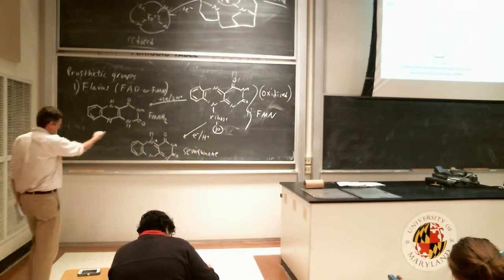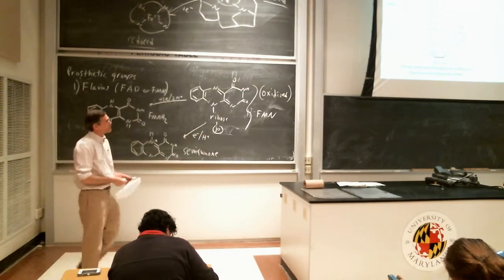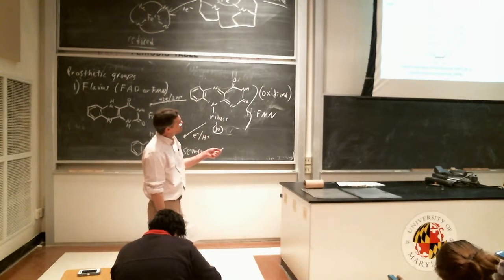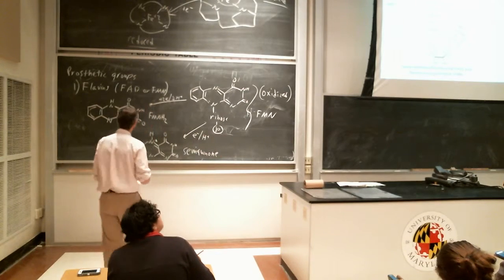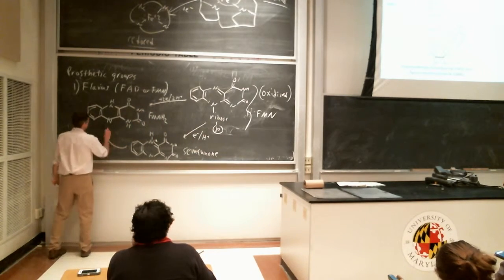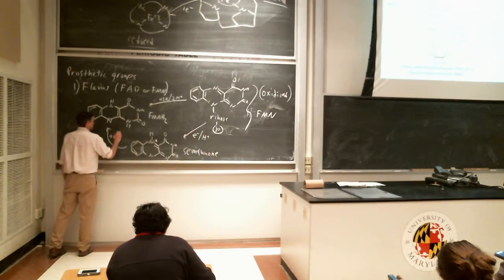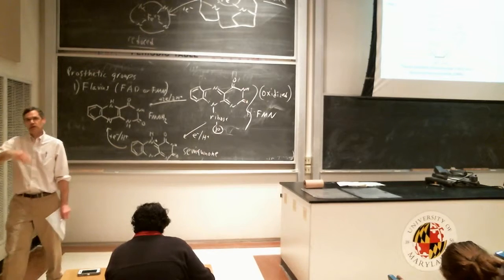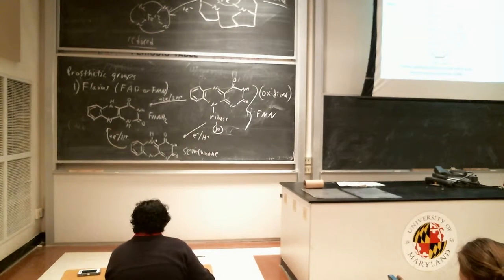And so you have this partially reduced form. So again, as for coenzyme Q, you can have the fully oxidized form accept 1 electron to make it partially reduced semiquinone, and then this can accept a 2nd electron and a 2nd proton. So again, it can accept ultimately 2 electrons, but it can accept them 1 at a time, and it can give them up 1 at a time.